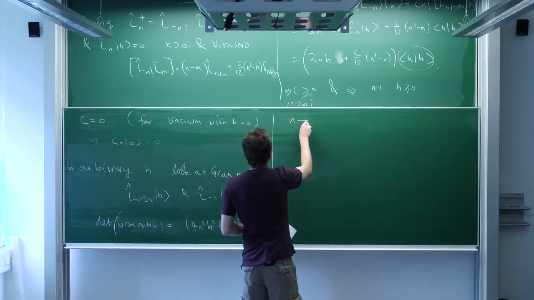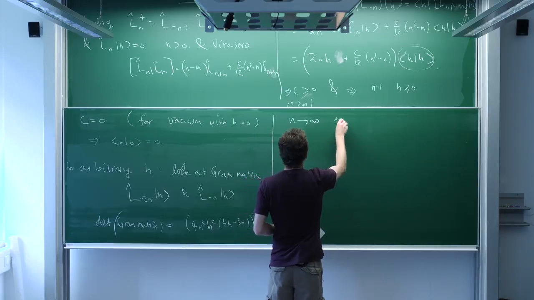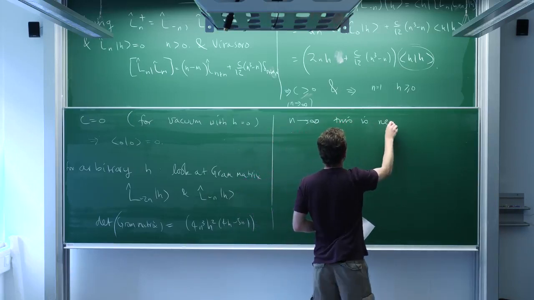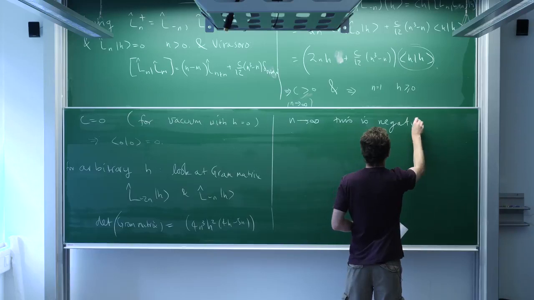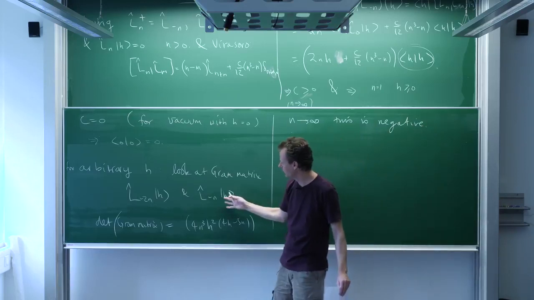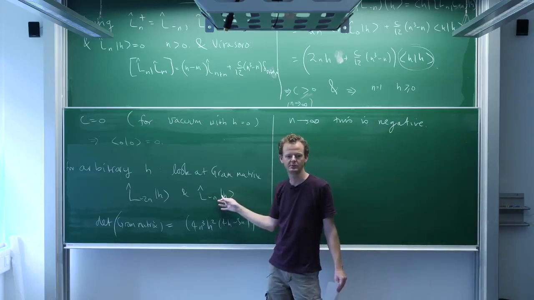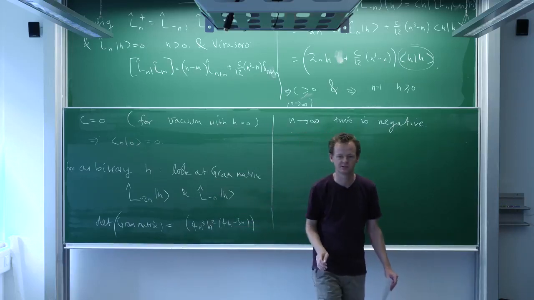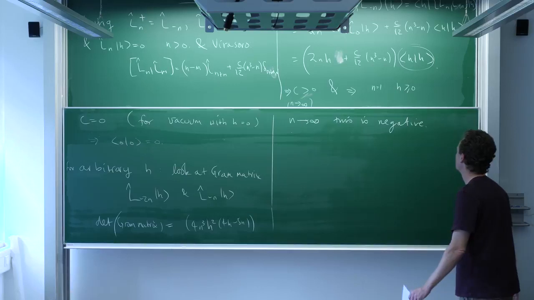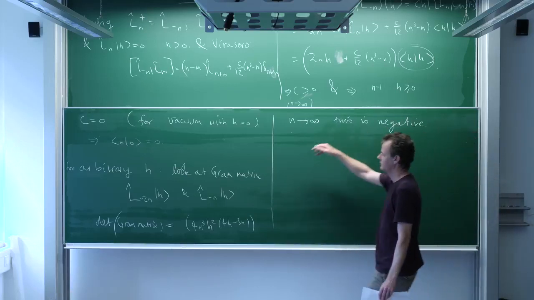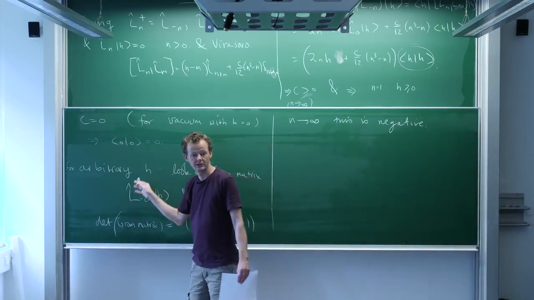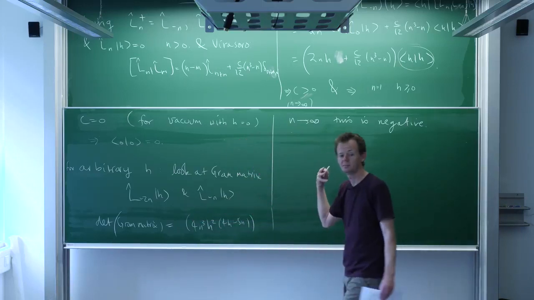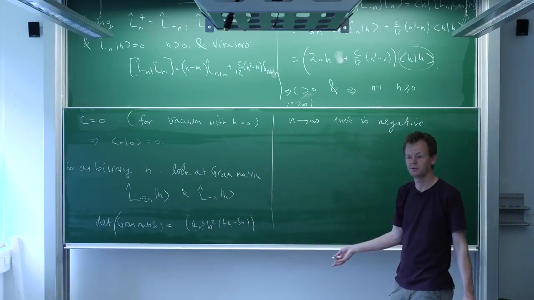So, sort of a pretty non-obvious thing to do. In fact, it was so non-obvious, a 3-page paper was written on exactly this observation. So for n going to infinity, this gram matrix, a 2 by 2 matrix, should be positive, right?